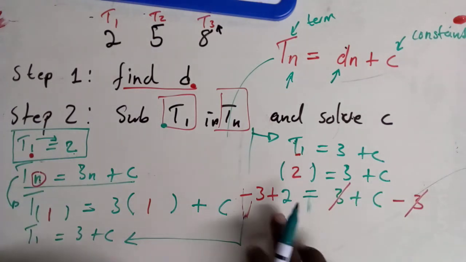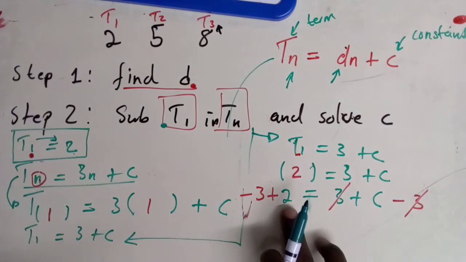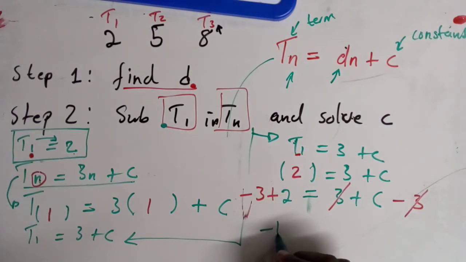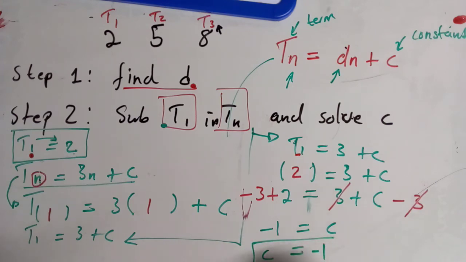And then 2 is positive, remember, so 2 minus 3 is minus 1, which is the same as c. c is equal to negative 1.